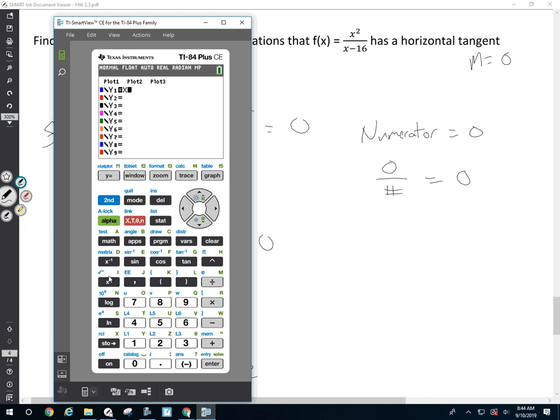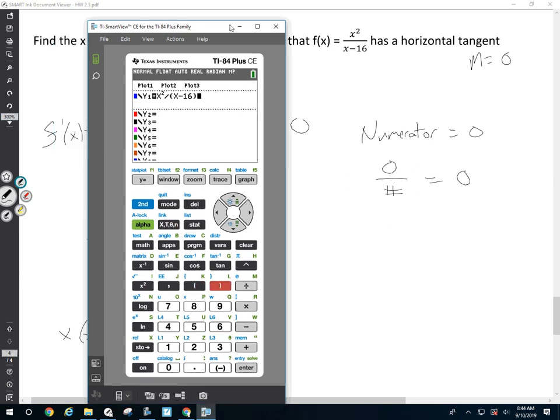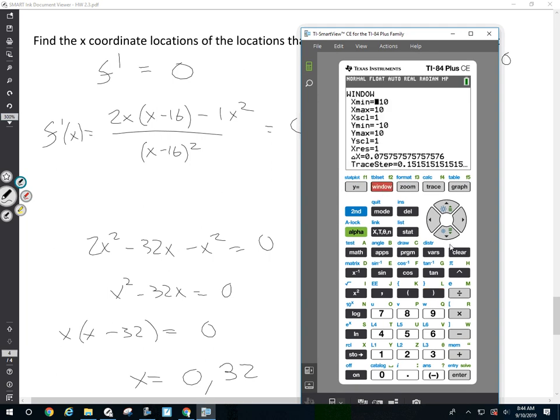X squared over x minus 16. I gotta switch my window to be like at least 32, so let's just see. 64. My goodness.